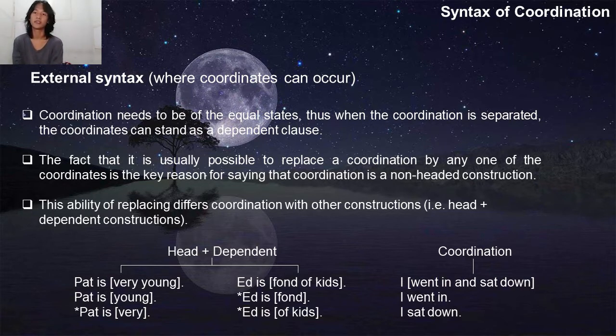So what makes it different? Let's take a look at the example here. You can see the example of the head plus dependent sentence on the left, and the coordination example on the right. Here on the left is Pat is very young, Ed is fond of kids.